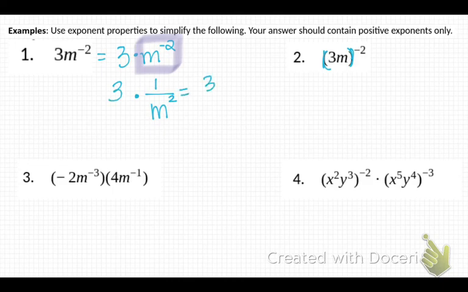So this becomes 3 divided by m squared. Is that okay? Yes or no? Okay. Because this rule, I know it's the most difficult one to grasp. Okay. For number 4, I have to do the power rule.